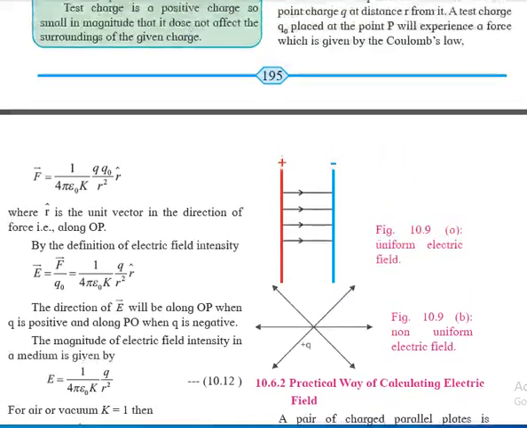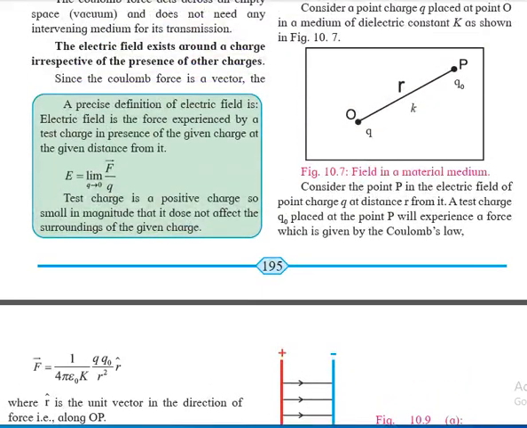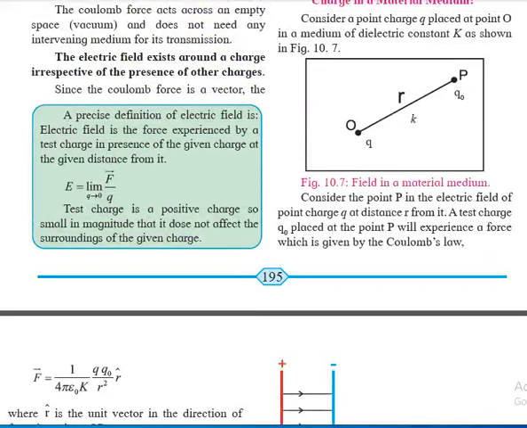Now, for a point charge, we consider a point charge Q which is placed at point O. The dielectric constant is K. We consider another charge Q naught placed at point P at distance R from point O. So what happens here? At point O the charge is Q. At point P the charge is Q naught. They are separated by distance R and dielectric constant K.